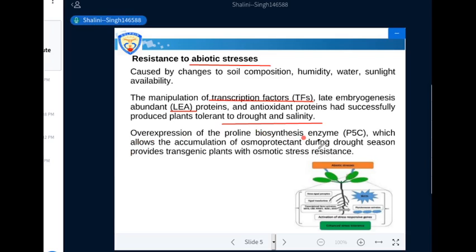Overexpression of the proline biosynthesis enzyme P5C, which allows the accumulation of osmoprotectants during drought season, provides transgenic plants with osmotic stress resistance.